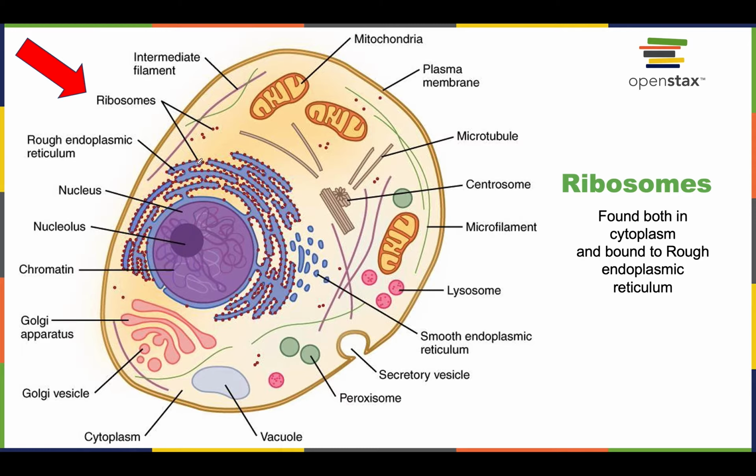So these proteins usually have signals in them, sequences in them that determine where they're going to go. But they're all made with ribosomes that are sitting on the endoplasmic reticulum.